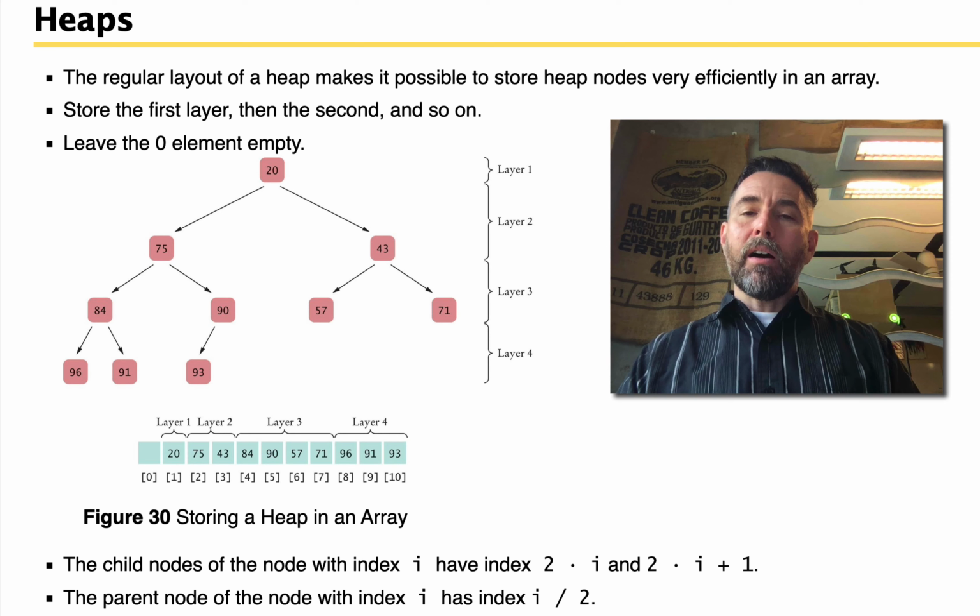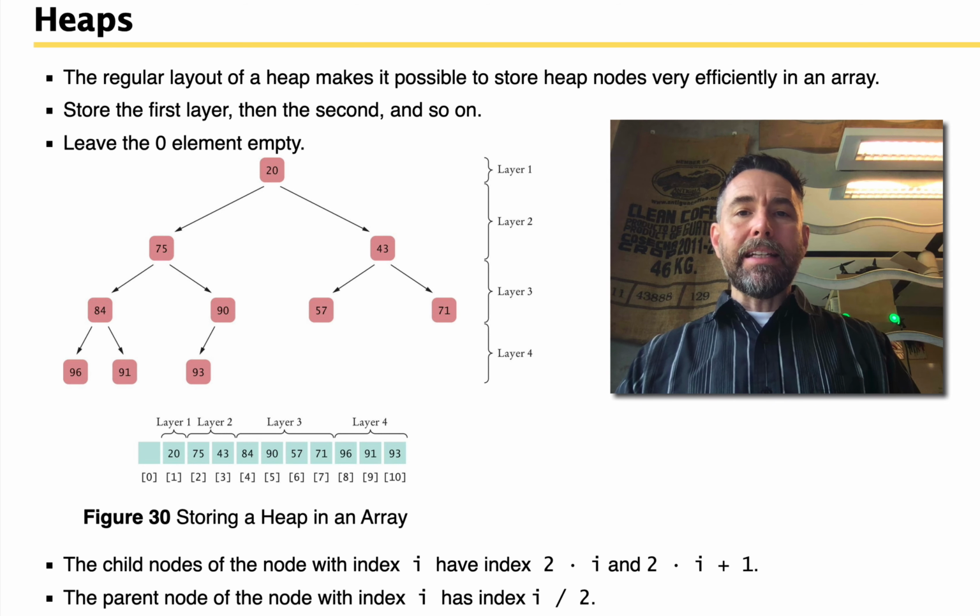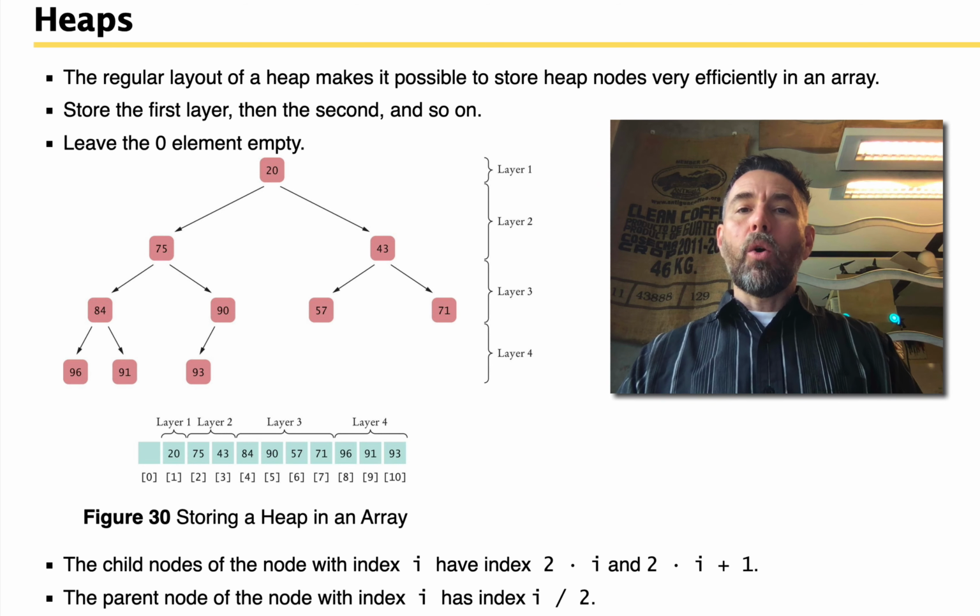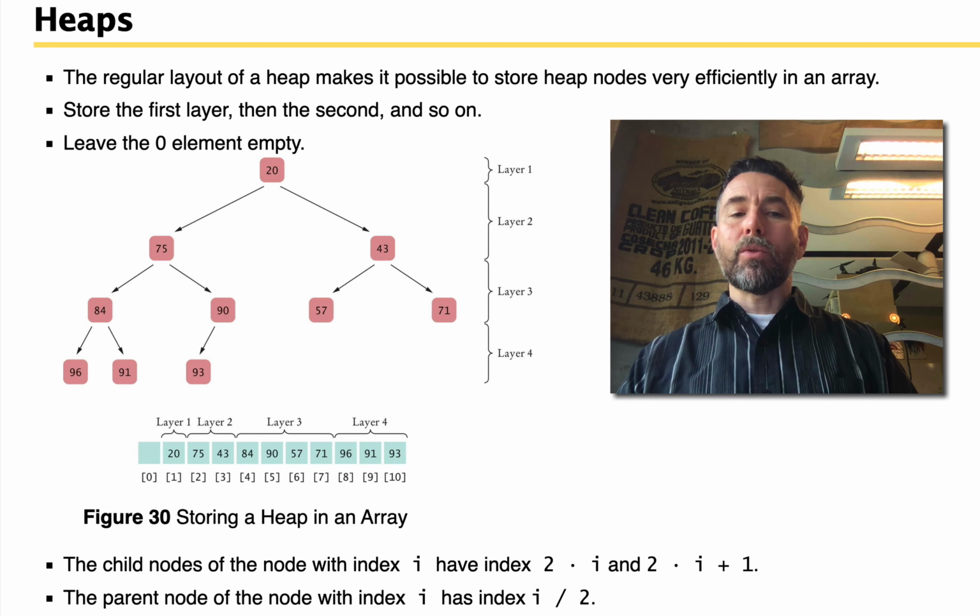And from this point on, we can use the indices of our array to quickly and easily find the children and the parents. So for example, an element in the array at position i has its children at position 2 times i and 2 times i plus 1.